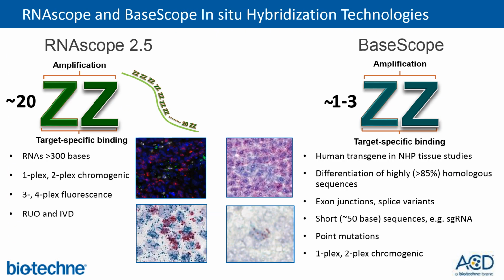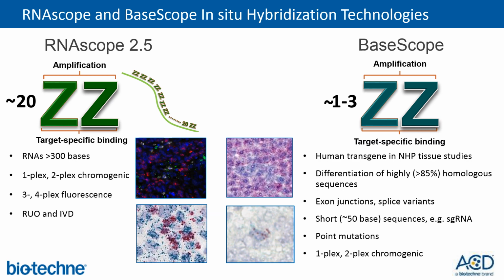To review, the data that I presented regarding the detection of AAV vectors and transgene expression in tissue-based assays are utilizing our RNAscope and BaseScope in situ hybridization assays. All of these are off-the-shelf kit-based products. We have, as I mentioned, tens of thousands of probes to detect endogenous sequences, and we've designed hundreds of probes for detecting various different AAV vectors, as well as lentiviral vectors and their transgenes.